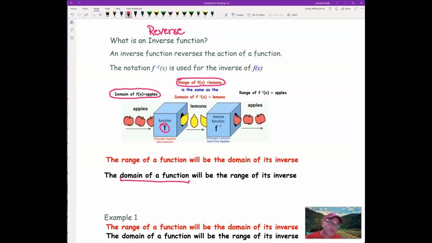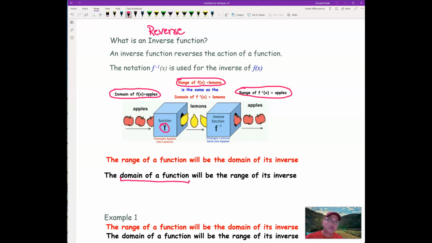The range of that function, the lemons, becomes the domain of the inverse because they're going into the inverse. So lemons are two things: the range of the original function f, and the domain of the inverse function f negative 1. What comes out of f negative 1 is the range of the inverse.